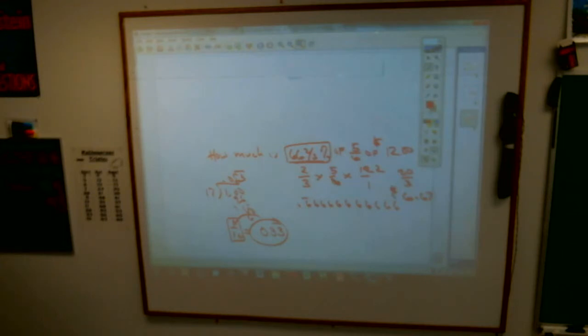Look at page 565. Let's just talk about those. Look at practice letter A, where it says find 20% of 1/4 of $12. Would you change those all to decimals? Would you change them all to fractions?